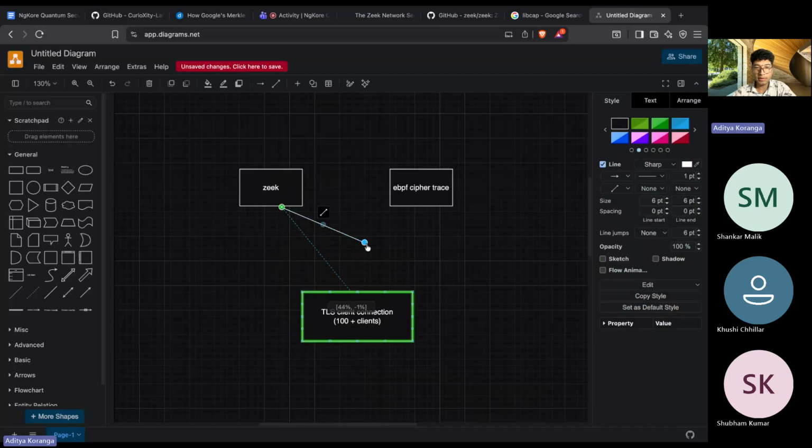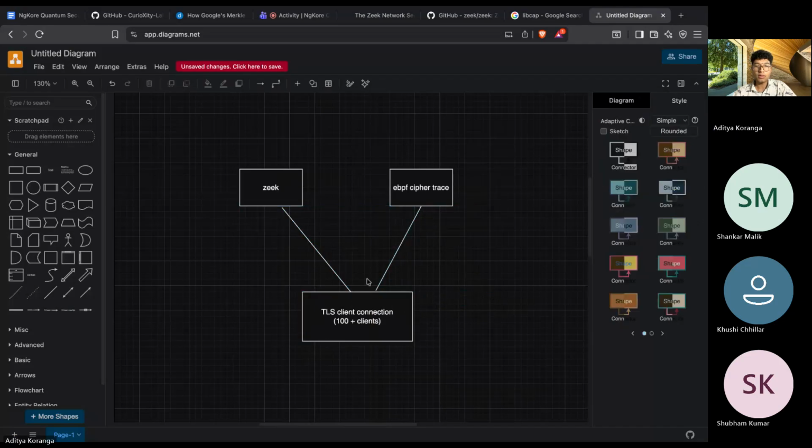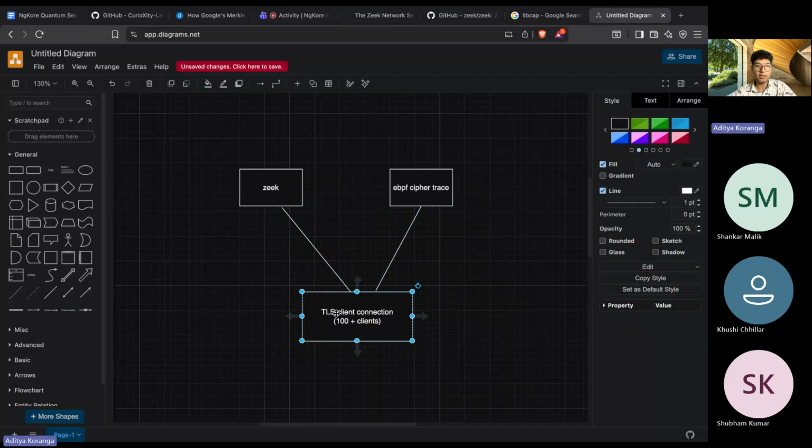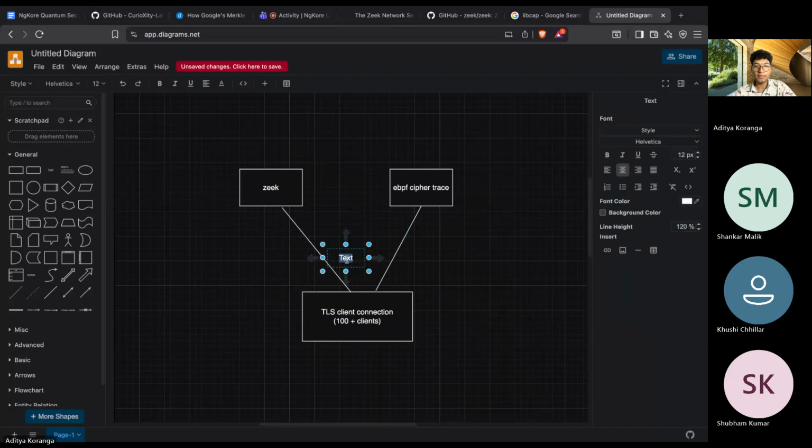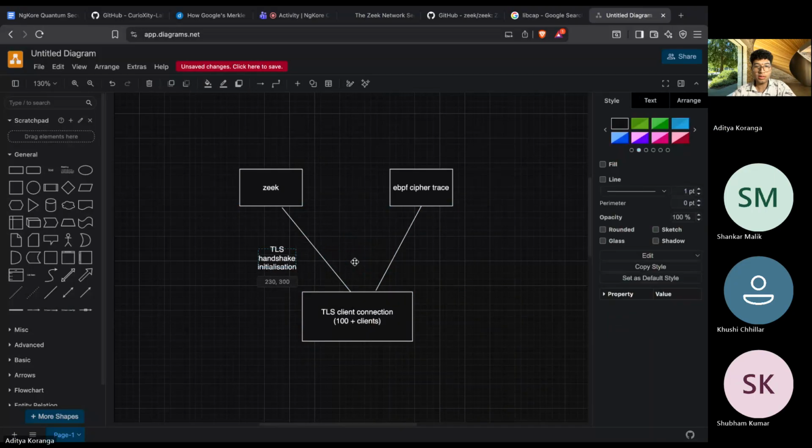We'll try to make a TLS handshake initialization and TLS initialization.